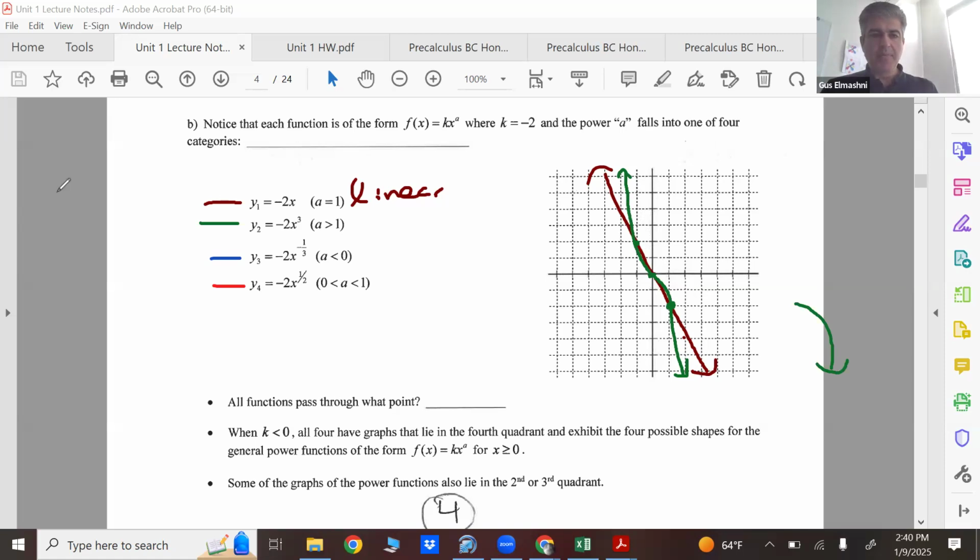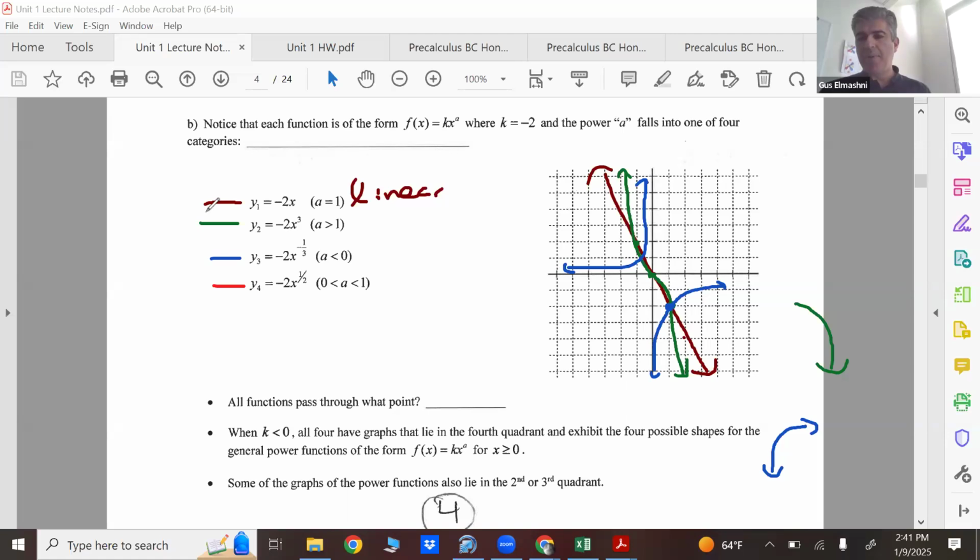And then for the blue, that's x to the negative, is that -1/3? -1/3. Okay. So expect it to do this kind of shape. And lastly, if I plug in 1, I should get -2.